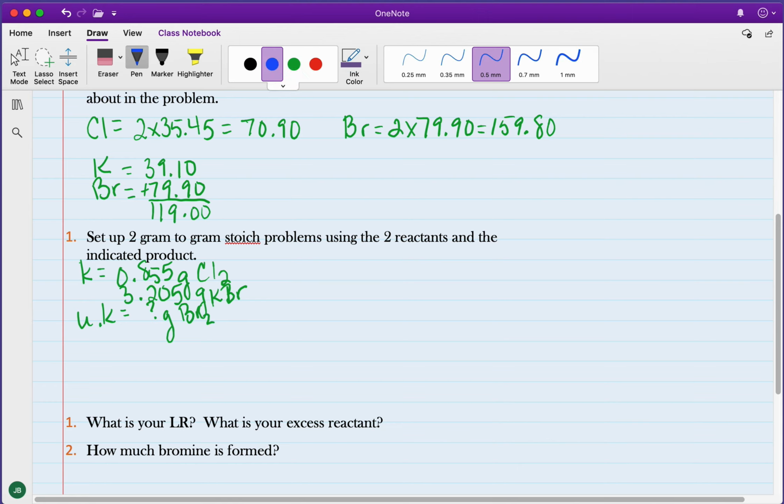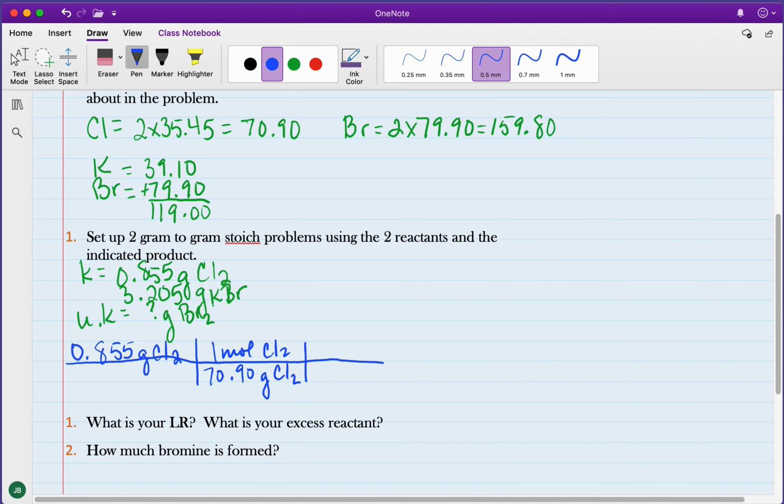So let's go ahead and set up our first stoichiometry problem. We're going to go from 0.855 grams of chlorine. Next thing we're going to do is the molar mass of chlorine, which is going to be 70.90 grams of chlorine in 1 mole.